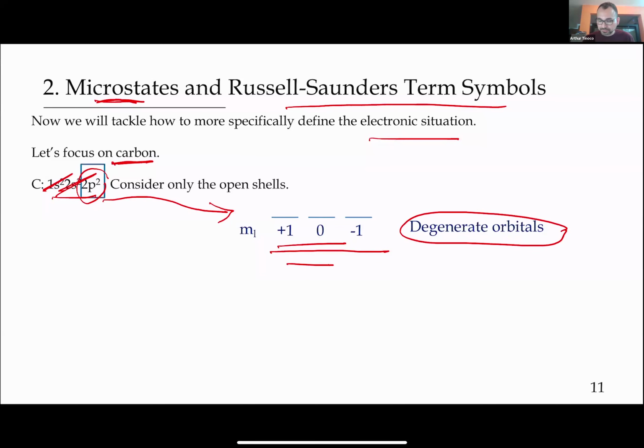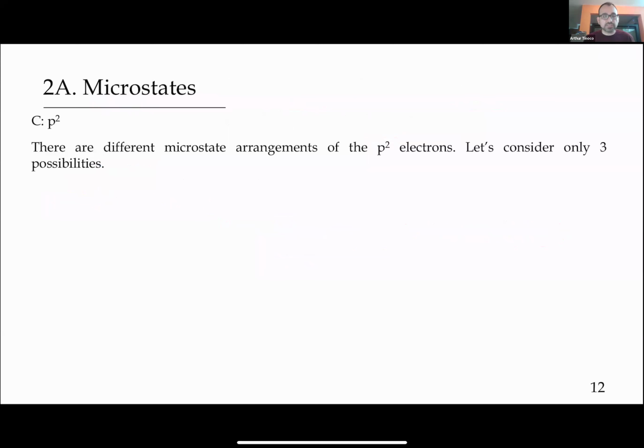All right, so let's focus just on the p2 and the different arrangements of these. We're going to focus on only 3 possibilities for now. One possibility is that we have one electron in the m_l +1 and one electron in m_l 0.